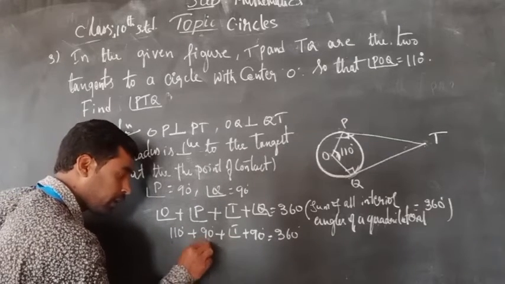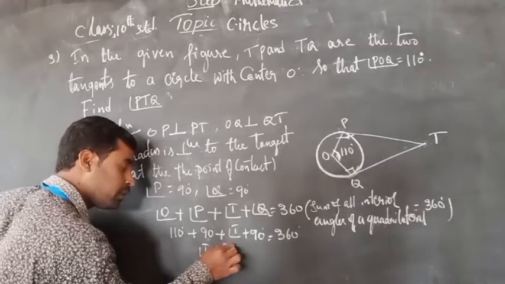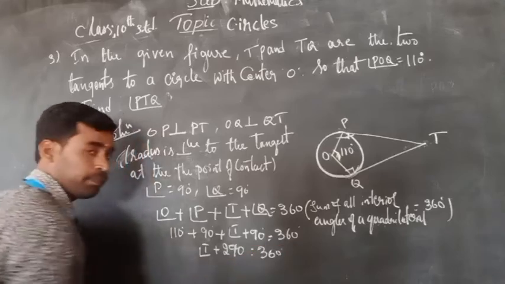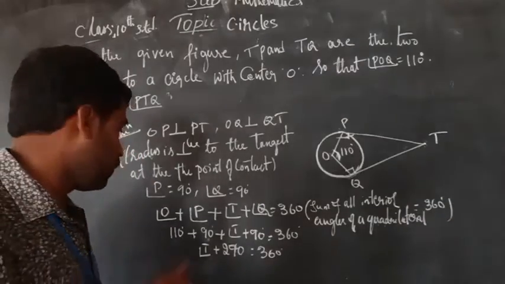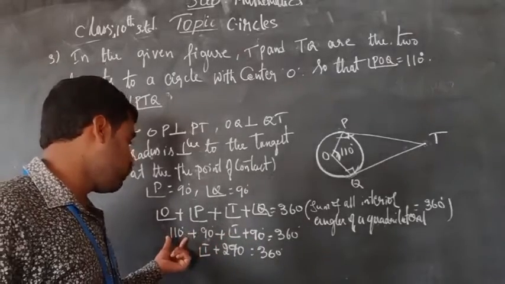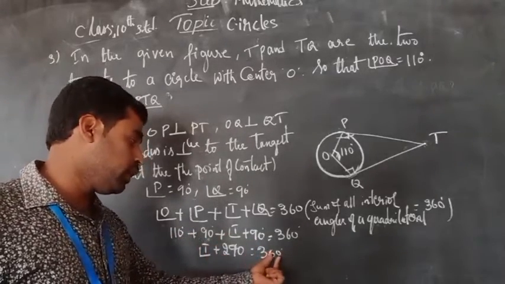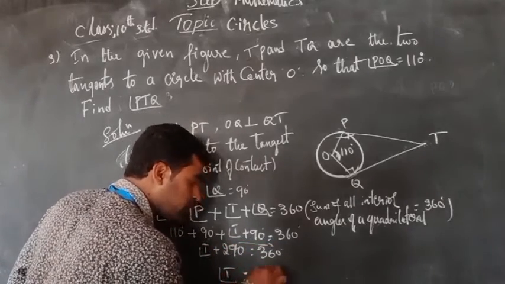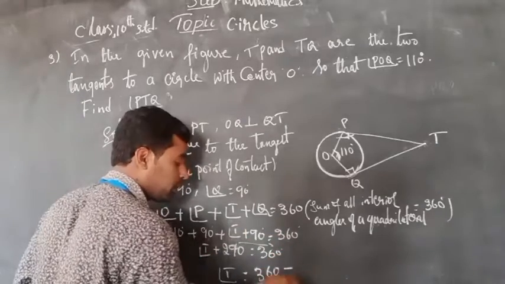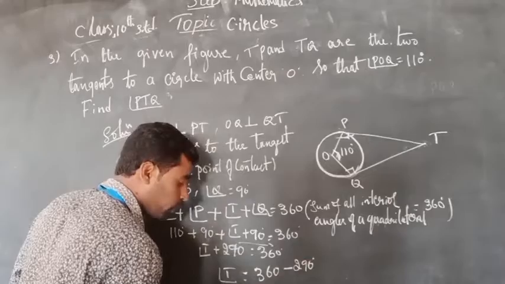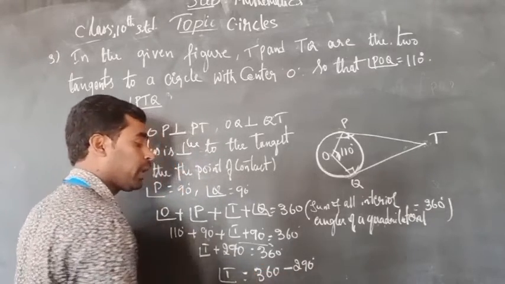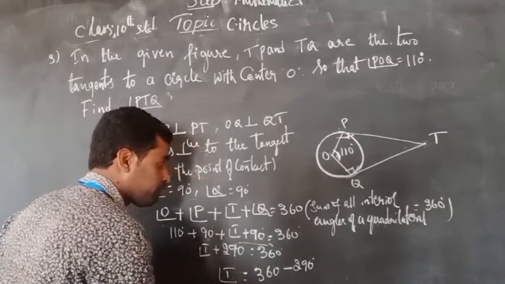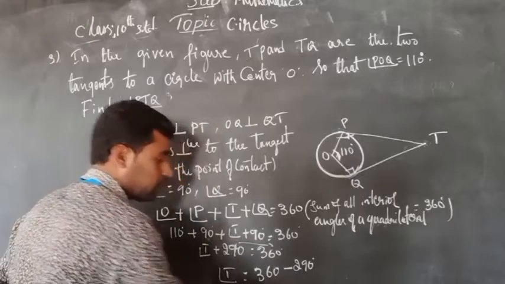We can write angle T plus 290 is equal to 360 degrees. Transpose this: angle T is equal to 360 minus 290. Therefore, if we subtract, we get the answer 70 degrees.